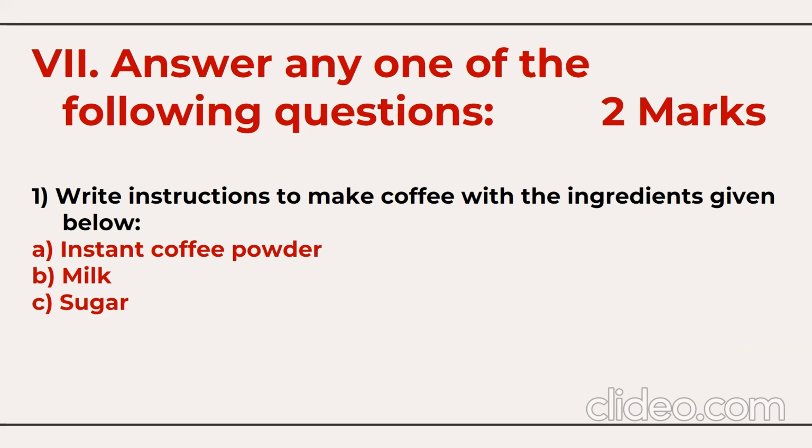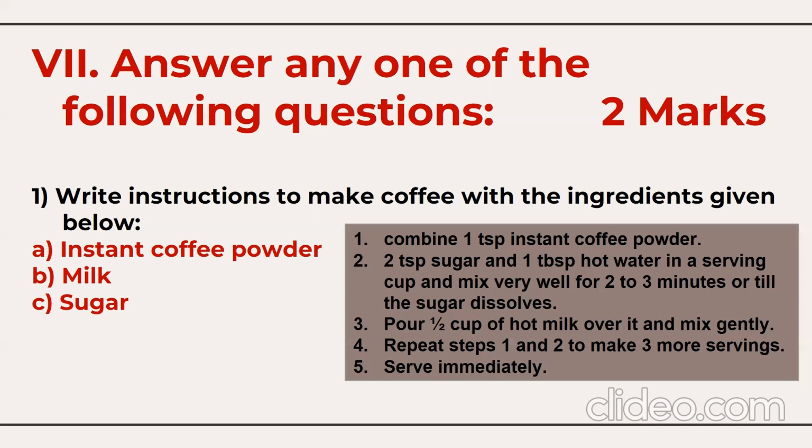Now you have a choice. You have two questions with choice here. One question is how to make coffee by using ingredients like instant coffee powder, milk, sugar. So you need to prepare the instructions on how to make coffee. When you're preparing instructions, you should always use the main verb first in the imperative form.